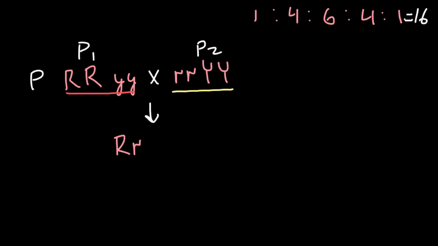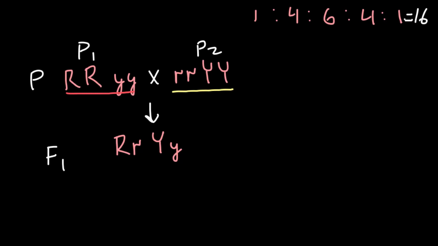And as for the gene Y, parent 1 can only give the recessive allele, and parent 2 can only give the dominant allele. So for the second gene, the genotype would be capital Y and small y. So what phenotype would we see in the F1 generation?